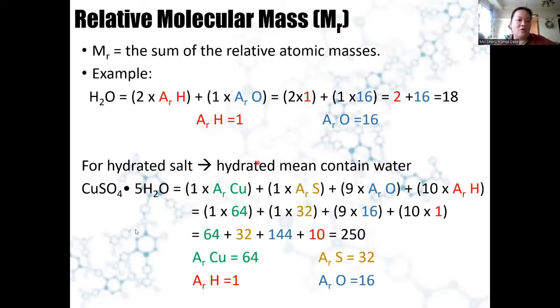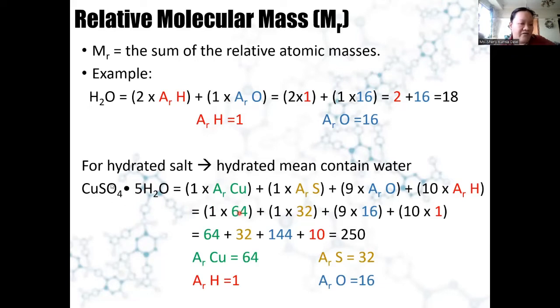How about if we have a hydrated salt? Hydrated means it contains water. So one copper sulfate here will consist of 5 molecules of water. In this case, you have to use the Ar of Cu, copper, which you can see on your periodic table, the Ar of S, the Ar of O here, and the Ar of H. So calculate it. How many copper? 1, so 1 times 64.